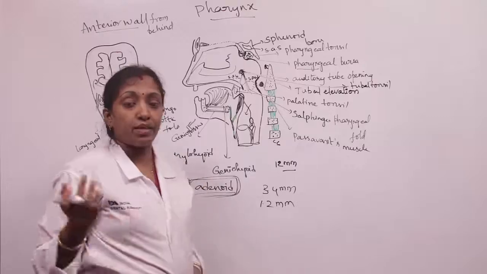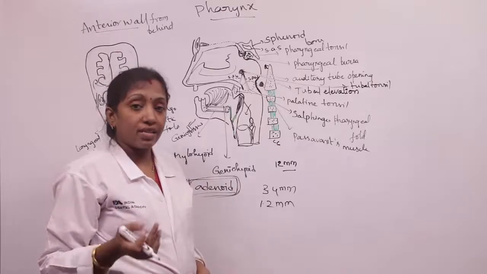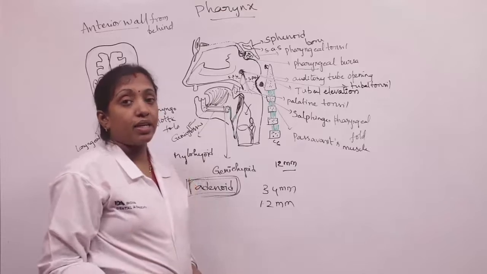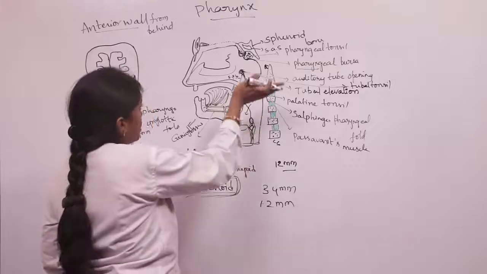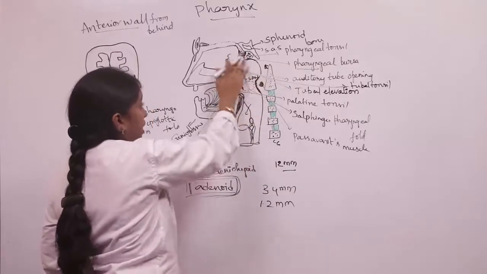The salpingopharyngeal fold consists of the muscle. Behind the salpingopharyngeal fold lies the muscle of the same name, the salpingopharyngeal muscle. That's about the lateral wall of the nasopharynx.